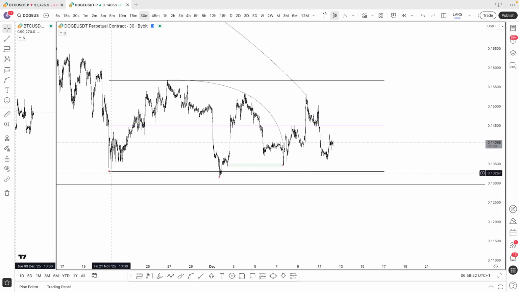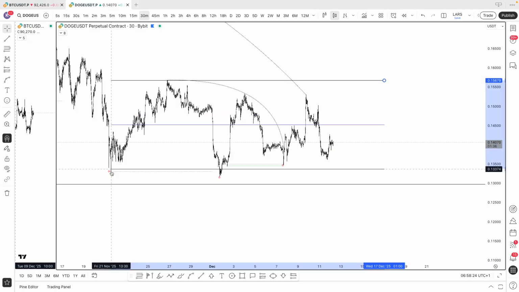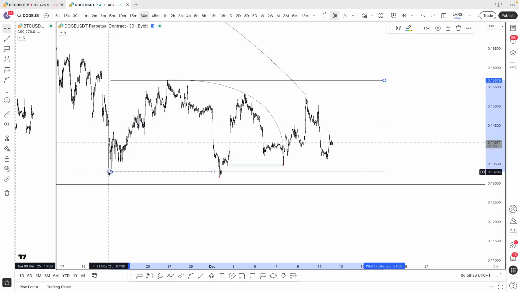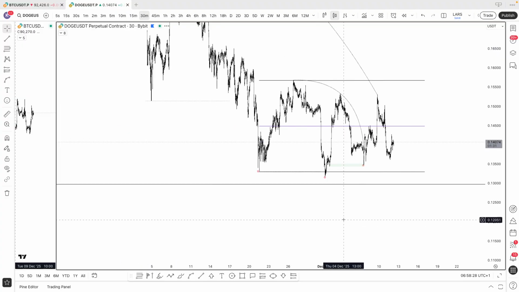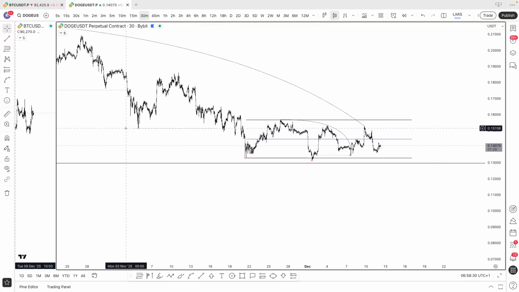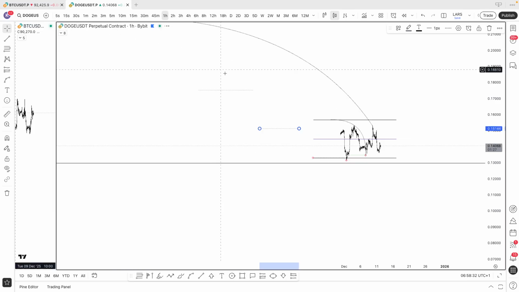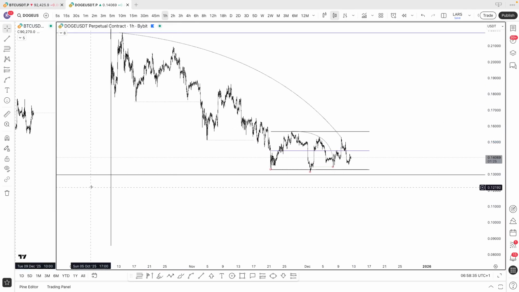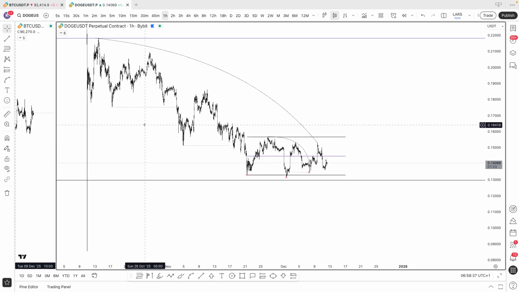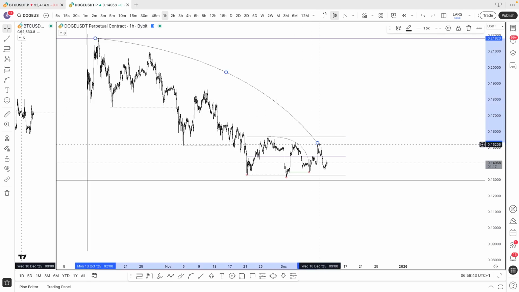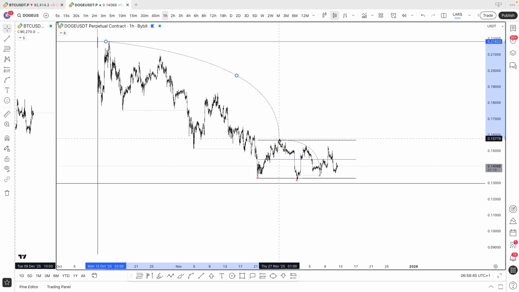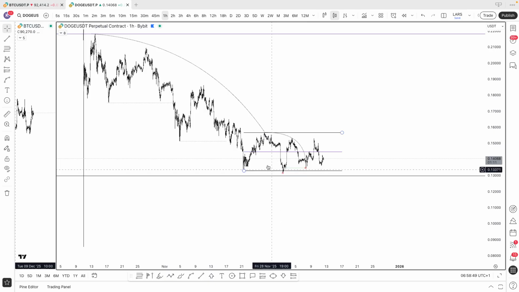So we have a potential Model 2 accumulation schematic on Doge in a semi-pro environment because we are approaching extreme discount and that overall tap 1 region of our macro range while taking the lows, leaving the highs intact. So Doge is in a semi-pro environment, contextually speaking, establishing a potential accumulation schematic.